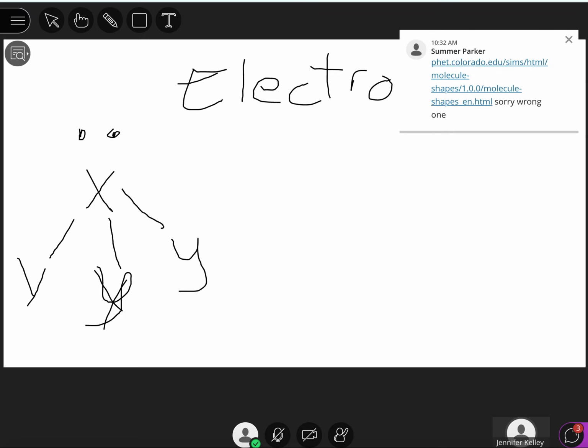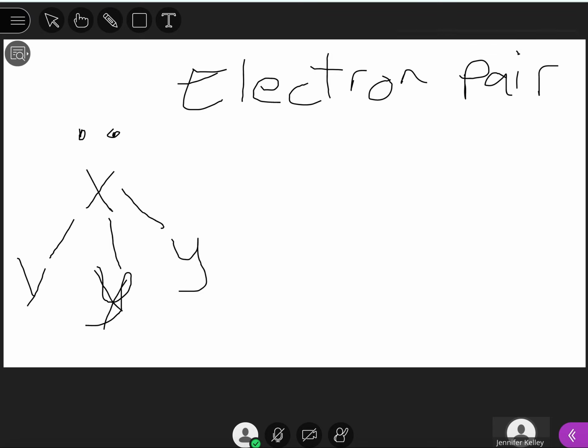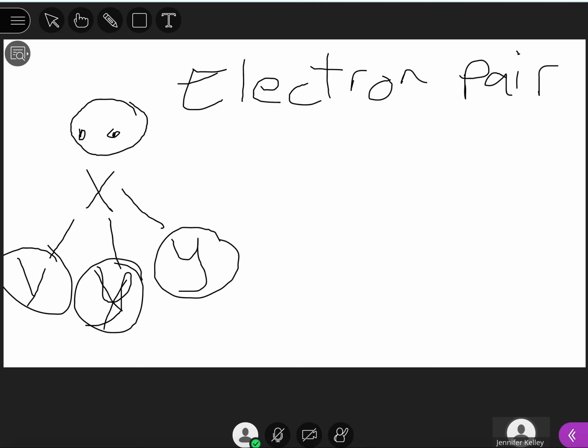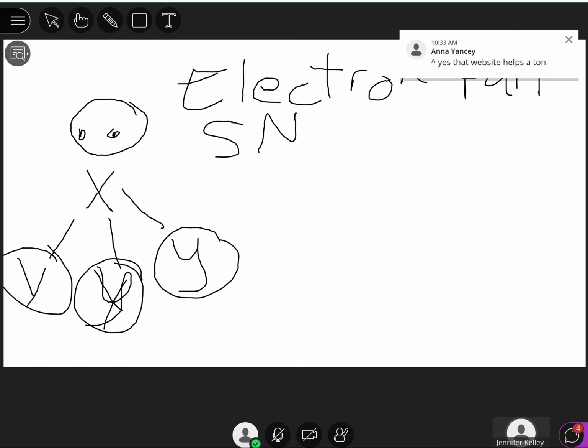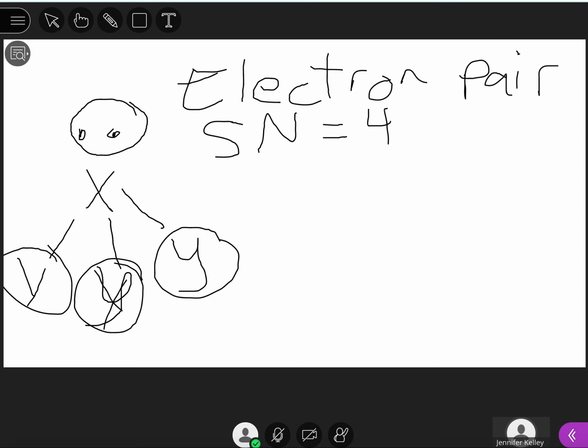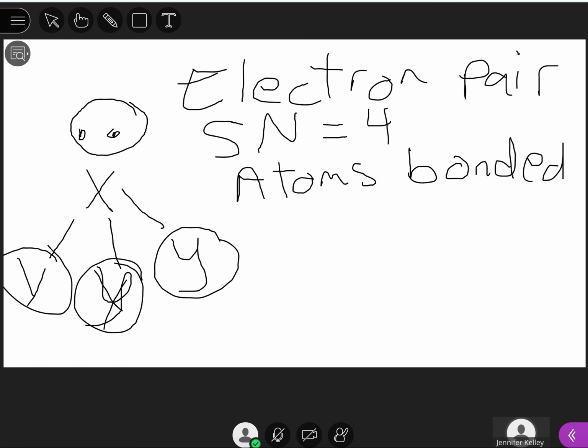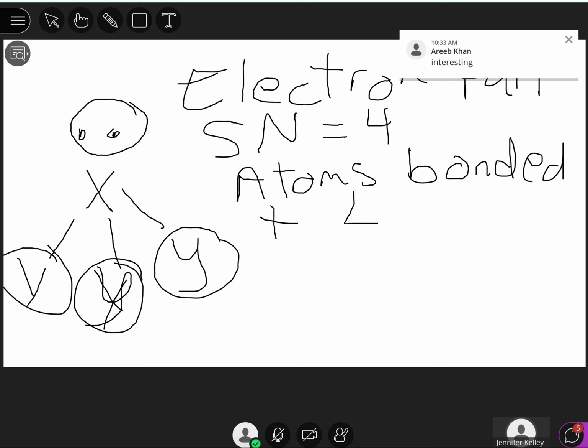And the steric number has to do with the same thing. So steric number is you count, okay, that's one electron pair, and then 1, 2, 3 atoms connected to it. So the steric number would be 4 here. So that's going to be the atoms bonded plus the lone pairs.